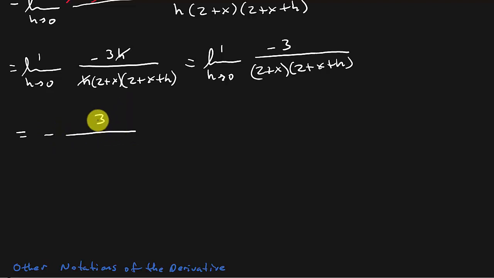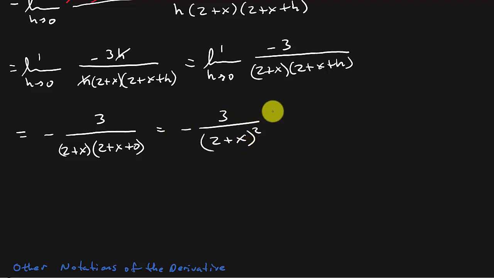You can do that. So that's going to be 2 plus x times 2 plus x plus 0, which is just 2 plus x, right? So that's going to be negative 3 over 2 plus x times 2 plus x, which is 2 plus x squared. And there's your answer right there.